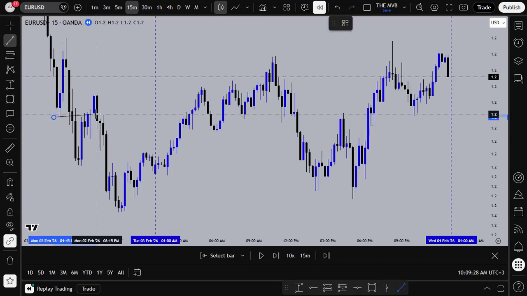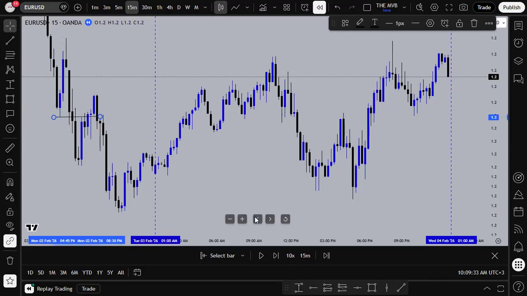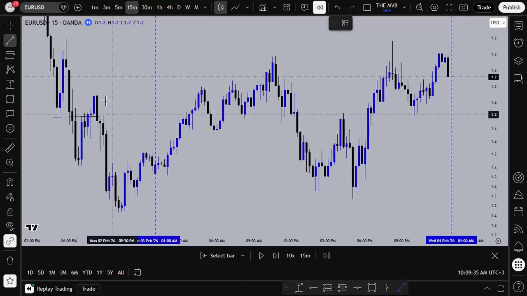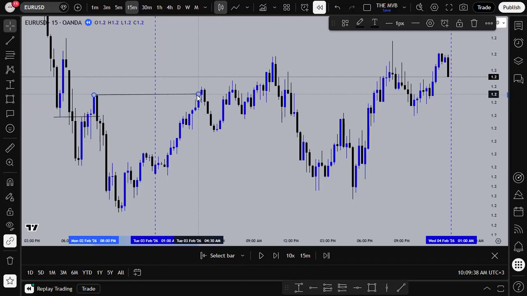We have two areas of liquidity. We have this one, which is supporting us to sell, and we have this one, which is supporting us to buy, because this is like a change of character, and this is just a break of structure. So we can catch the trade to sell, and we can catch some trades to buy. This will be a midday reversal, and this one also is a midday reversal pattern.